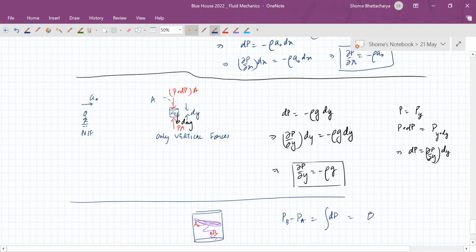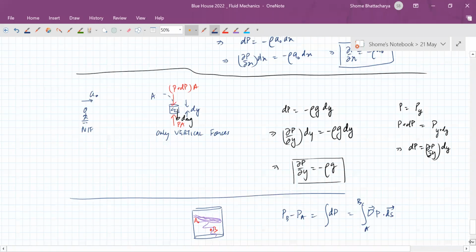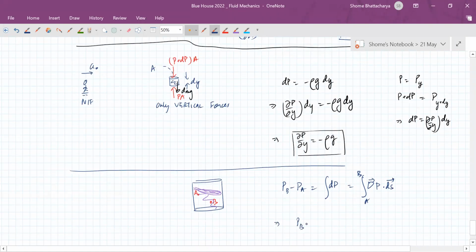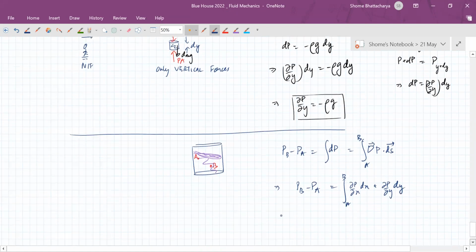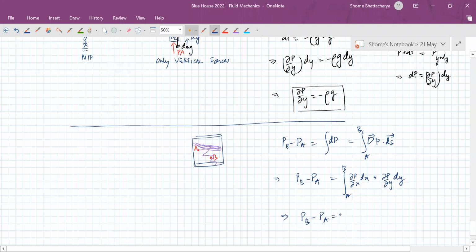So it's pressure gradient. This becomes the formula for the pressure difference.